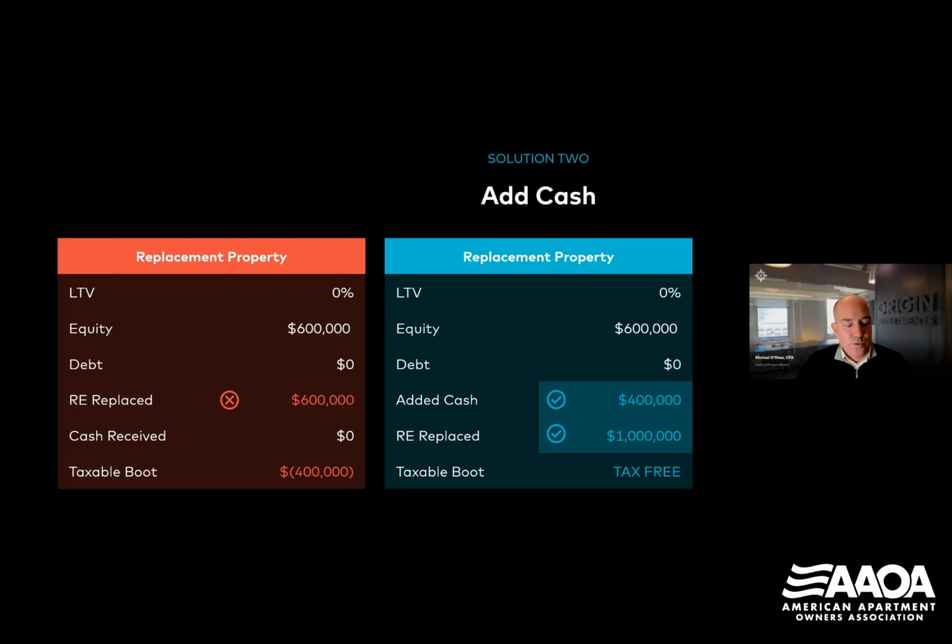So with the same example, if you do have the cash and you don't want to be leveraged, you can find a $1 million replacement property. You can roll over $600,000 from the qualified intermediary and wire $400,000 from a different source, totaling $1 million. You've gone from 40% LTV to 0% LTV, and this is actually a tax-free exchange for you as well. So you can add leverage or add cash. Those are your two solutions.